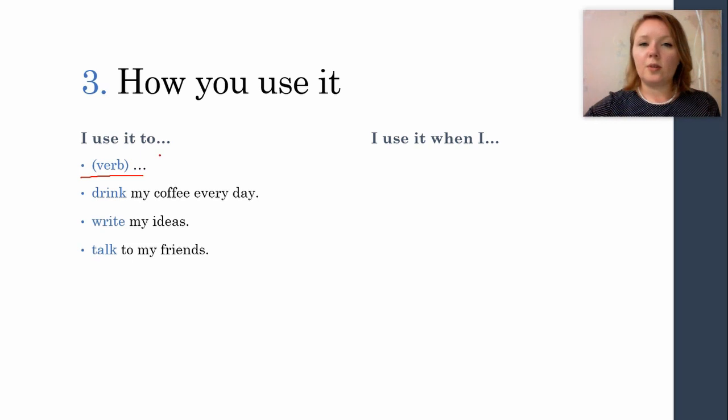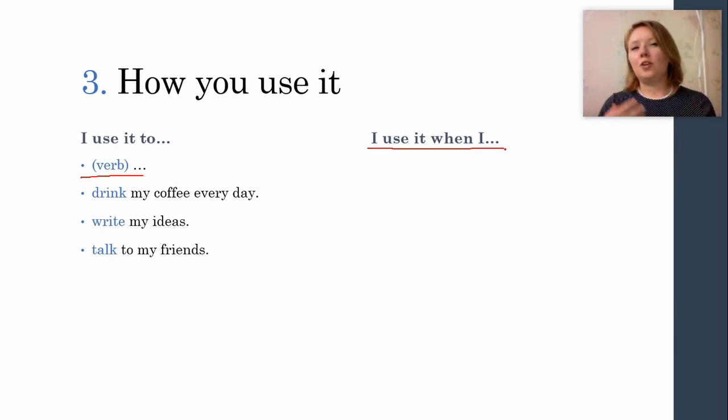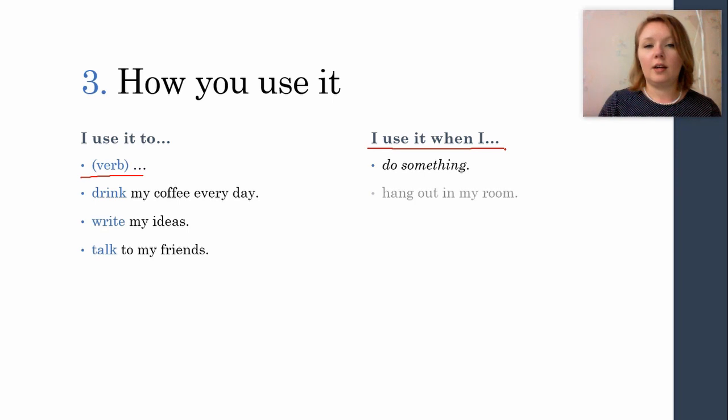We can also talk about how we use it with the phrase, I use it when I. This means you use it during some activity that you do. So I use it when I do something. For example, I use it when I hang out in my room.